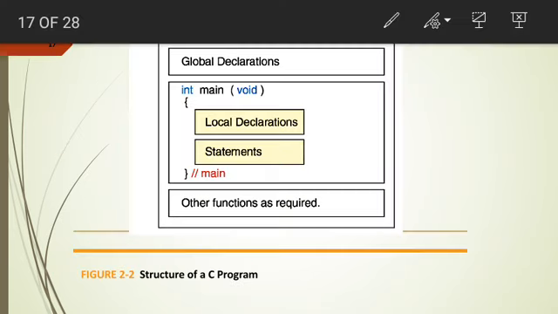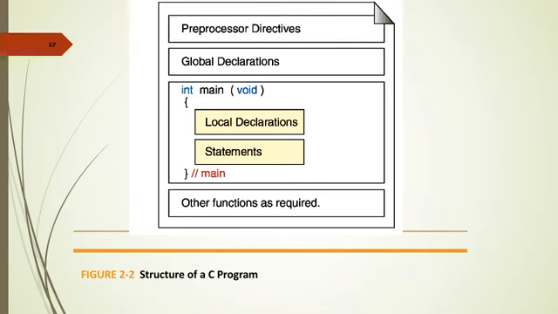This is the overall structure of a C program. The first section has the preprocessor directives, the second has the global declarations, the third has your main section, and the last has other functions as required. All of you have to fit this structure in your mind, meaning every program will have the same structure.